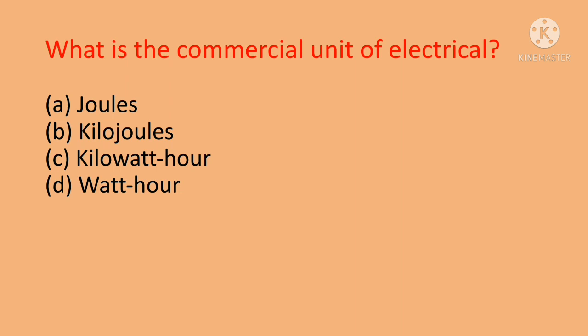But of course now you understood, it measures power, but kilowatt or watt, that is the question, that is the confusion. So usually the practical unit of electrical power is kilowatt hour.